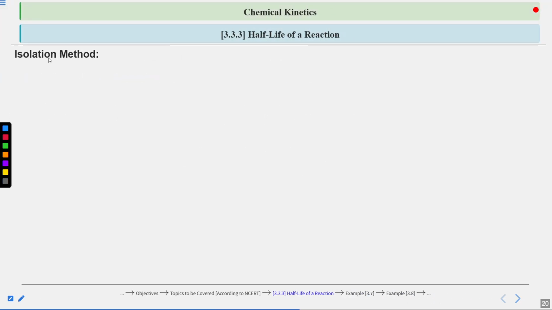Our next method is the isolation method. Let's see what's in this.